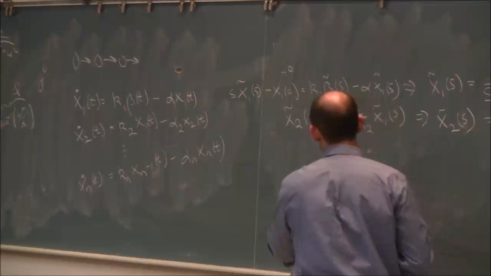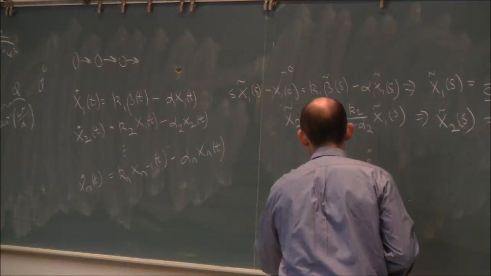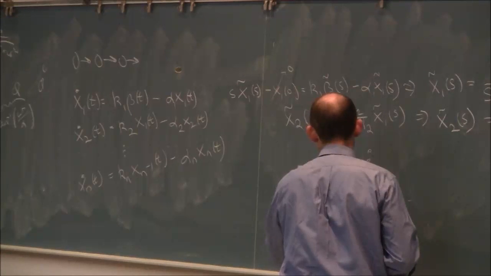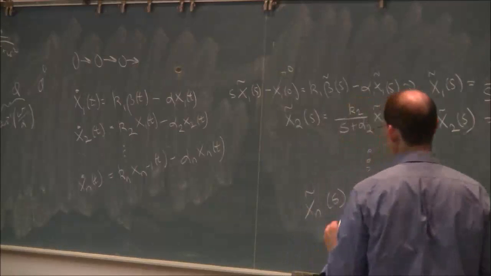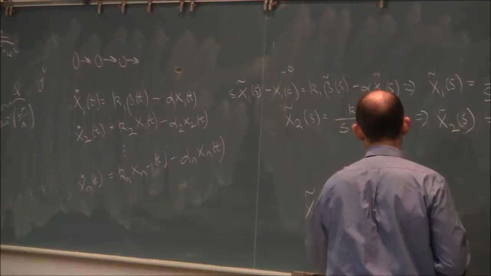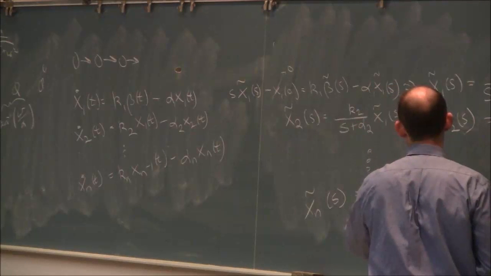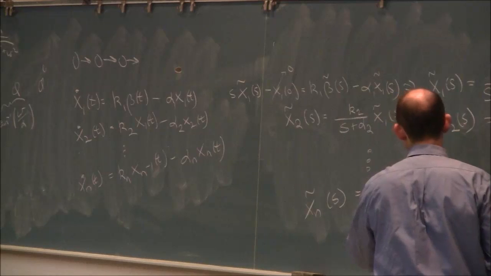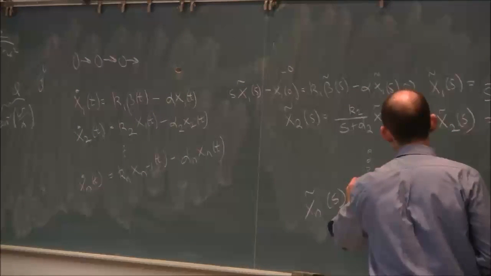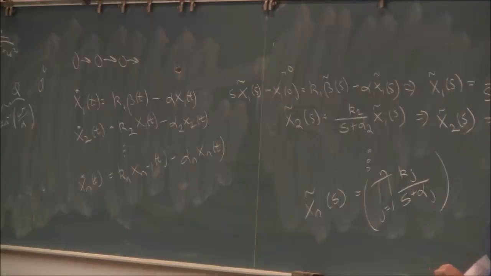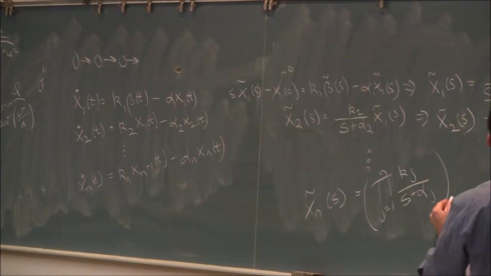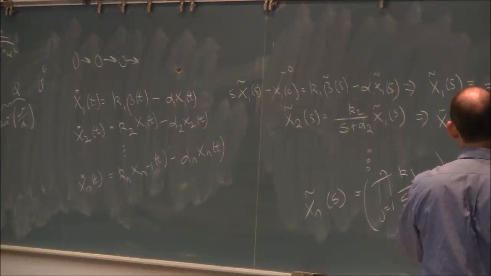And then if we finally get all the way down to xn, you can just sort of see the pattern. We get a product of all of the response functions for the individual layers times the input.